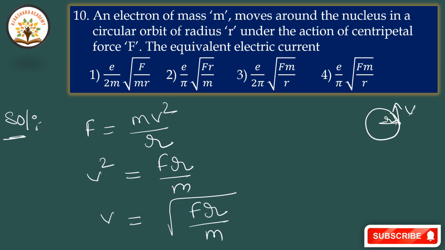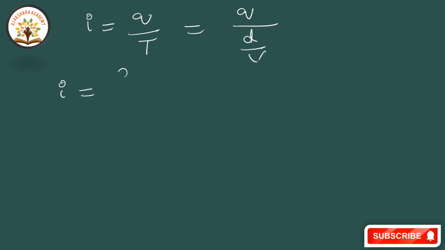So I is equal to q by t, that is equal to q by t, which is q by d by v. So I is equal to qv by d.